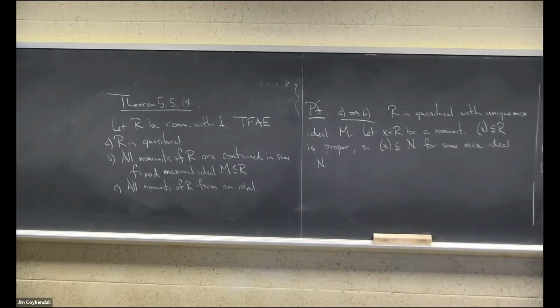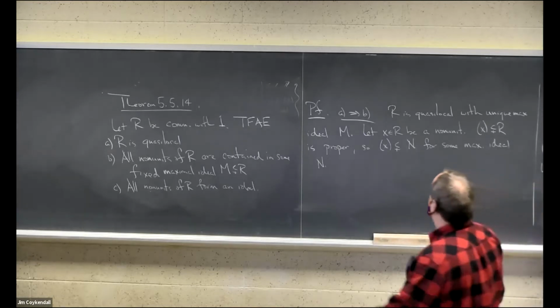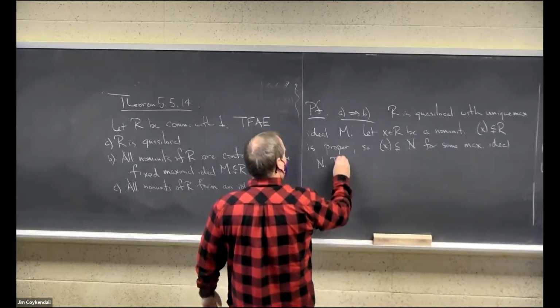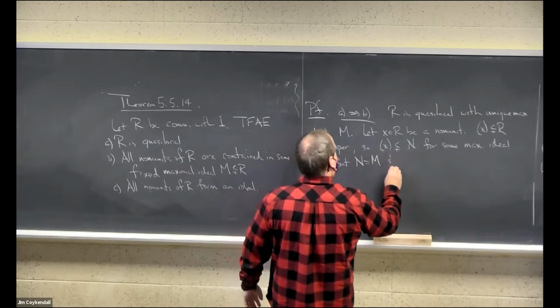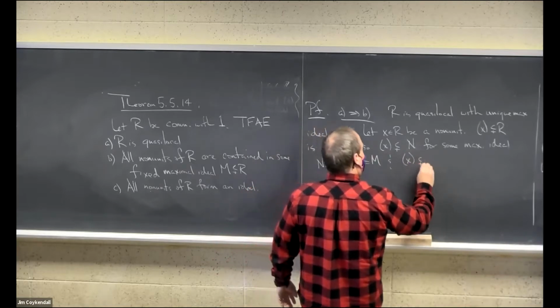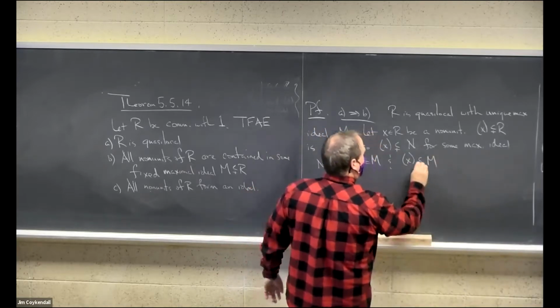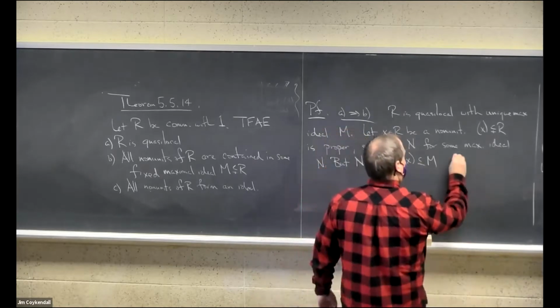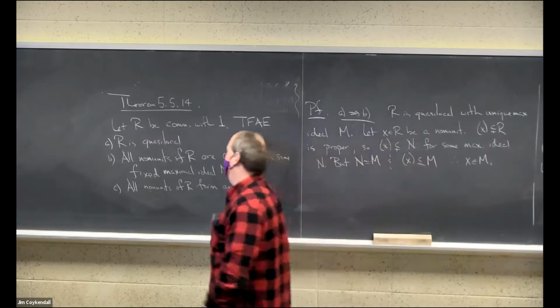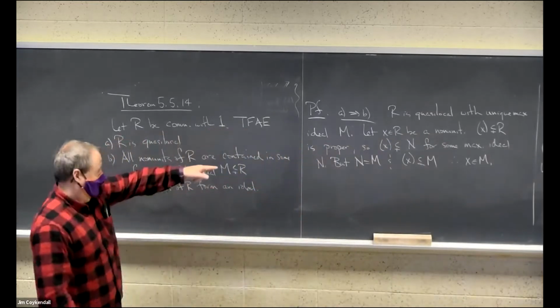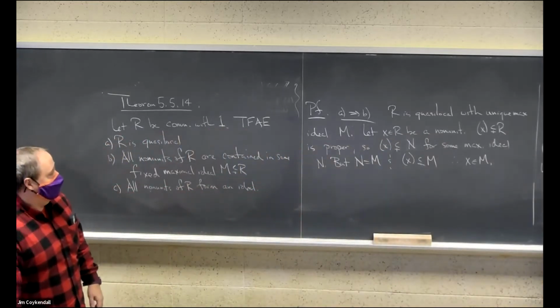That's a big theorem from commutative algebra, that any proper ideal is contained in some maximal ideal, but here you have no choice. There's only one maximal ideal. So x is contained in M. And we proved that all non-units are contained in this particular fixed maximal ideal.